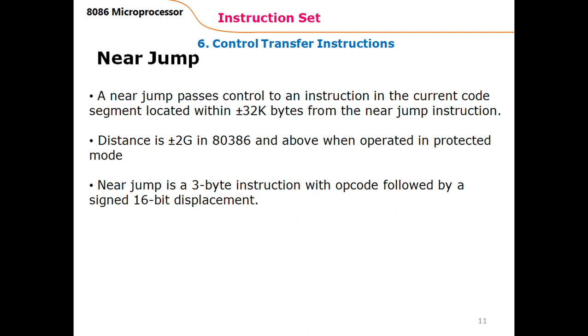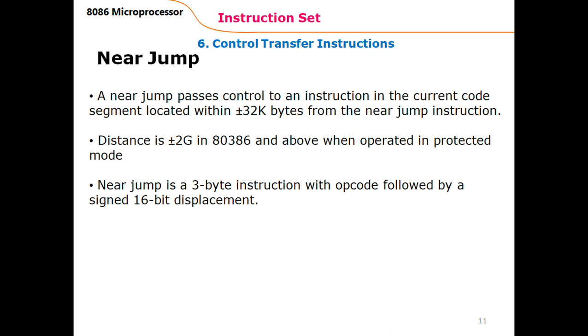The distance is plus minus 2 gigabytes in the 80386 because the segment in the 80386 and above can be 4 gigabytes when they operate in the protected mode. When these microprocessors operate in the real mode, the segment is the same as 8086, which is 64 kilobytes. But when they operate in the protected mode, the segment size can be 4 gigabytes. So for that, the distance needed is plus minus 2 gigabytes.